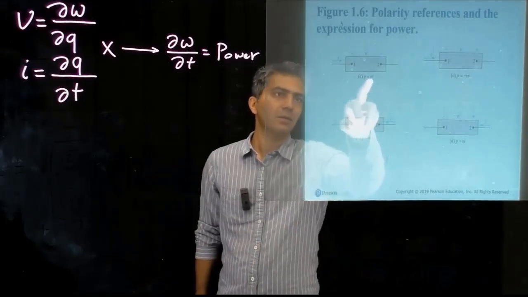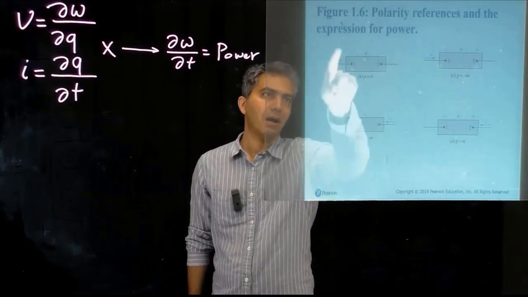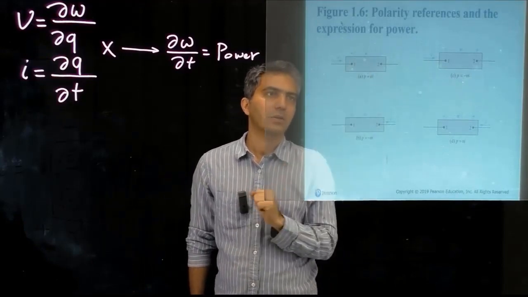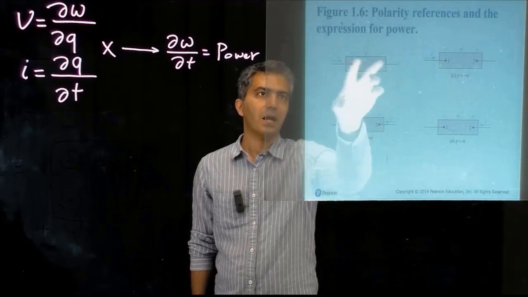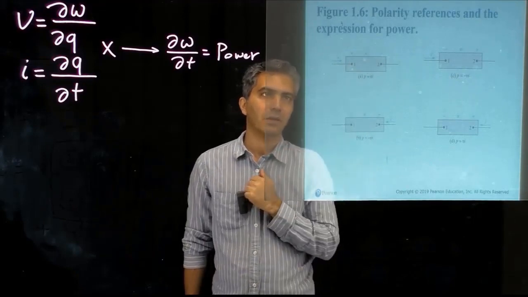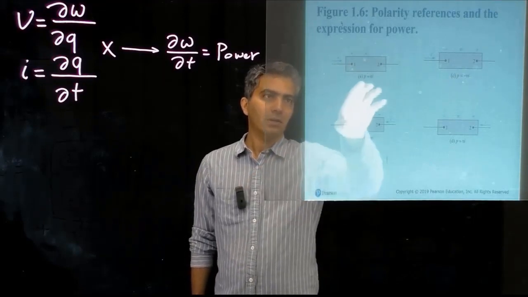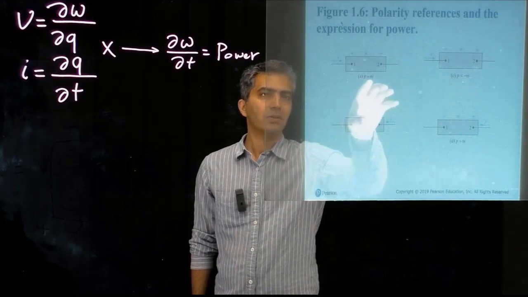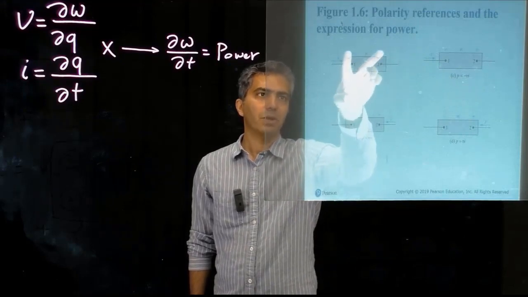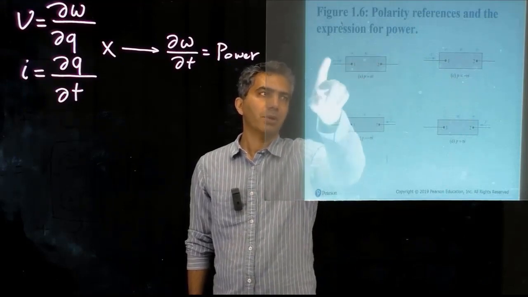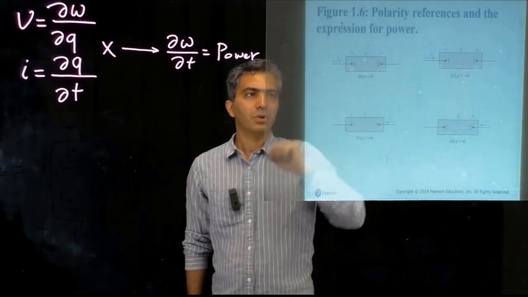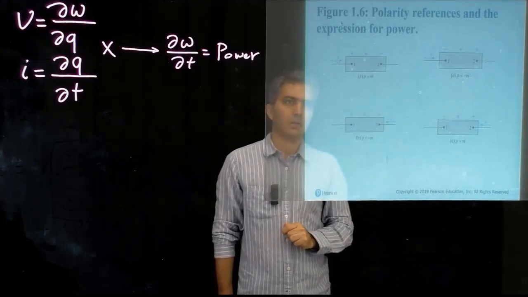Now with that convention, if this is how the current and the voltages are defined, to calculate the power, you take just simply the voltage that you measure and multiply it by the current that you measure, and that would give you the power in the system.